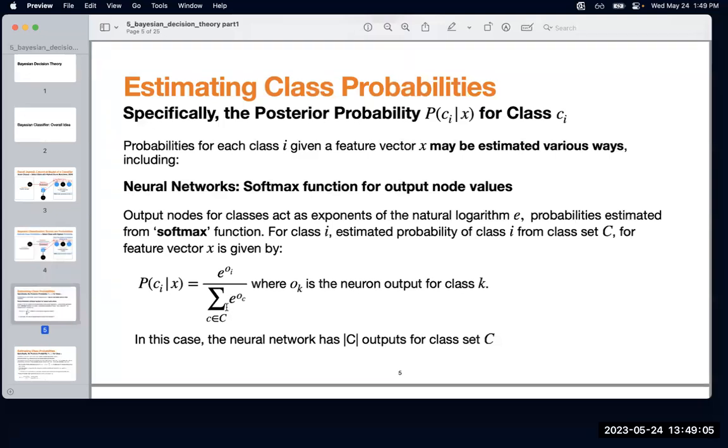For instance, if you have 3 different classes, this is just a summation of three powers of those numbers. In the numerator, you would have e to the power of the output of that specific class. If you do that, you would have the 2 nice properties that we want: the probability sitting between 0 and 1, and the sum of all the probabilities equal to 1.